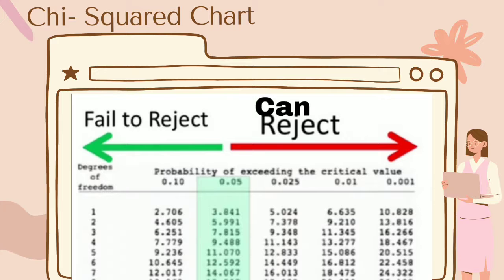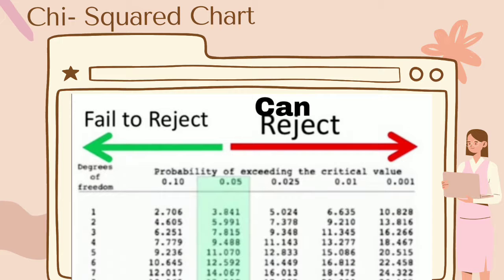Kay nga naman, kay kung mas gamay pa sa 0.05 ang critical value nga atong nakuha, meaning we fail to reject the null hypothesis. Pero kung mas dako pas 0.05, then we can reject the null hypothesis.